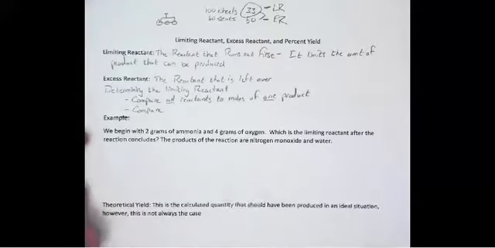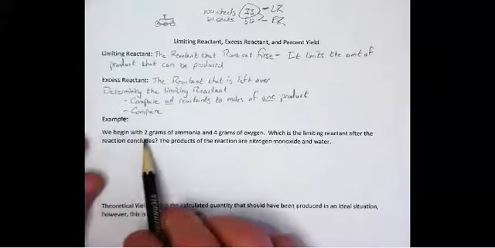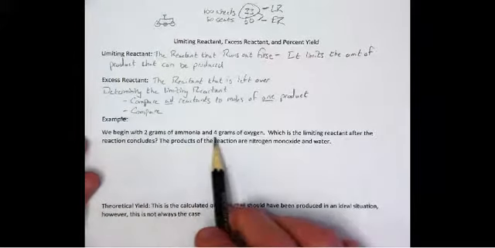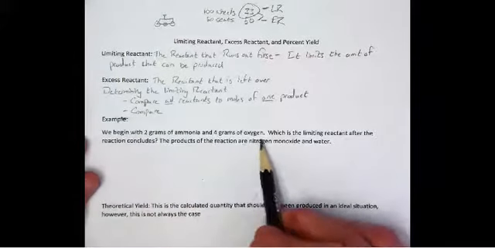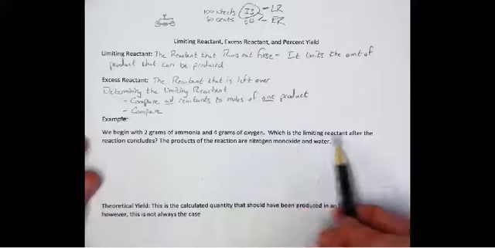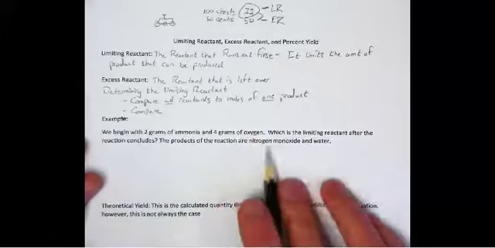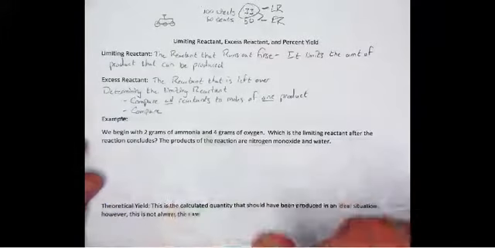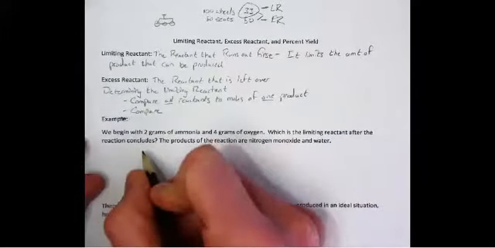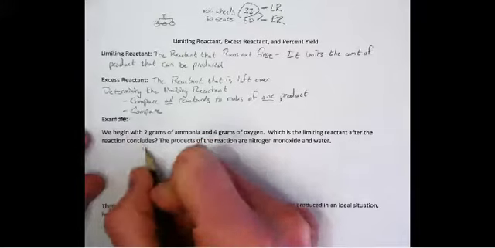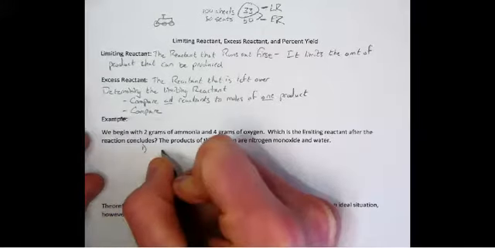So in our sample problem below, we will begin with 2 grams of ammonia and 4 grams of oxygen. We need to determine the limiting reactant after the reaction concludes. The products of the reaction will be nitrogen monoxide and water. So let's first write out the balanced chemical equation. We start with NH3, ammonia.